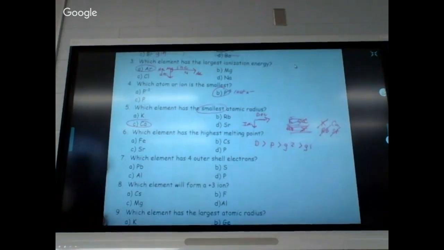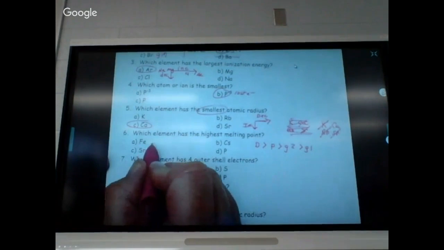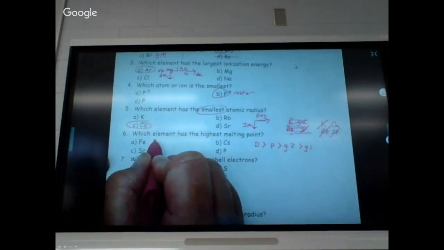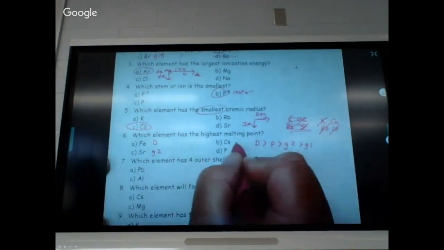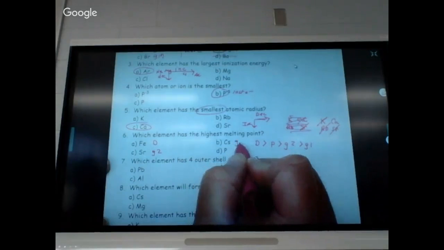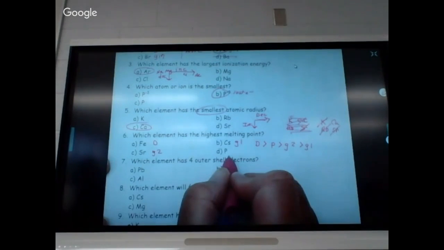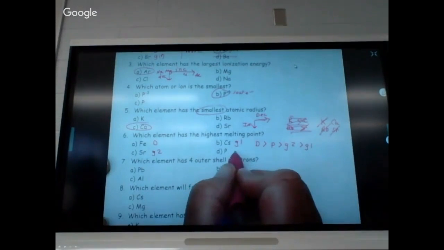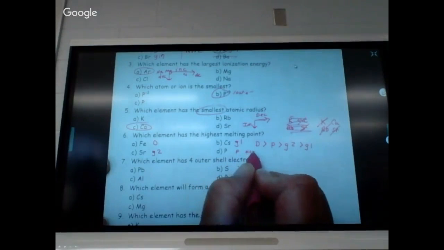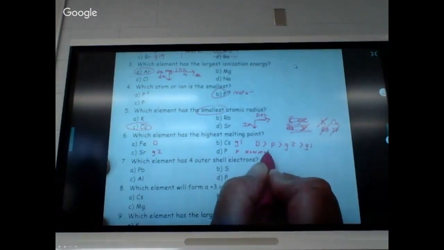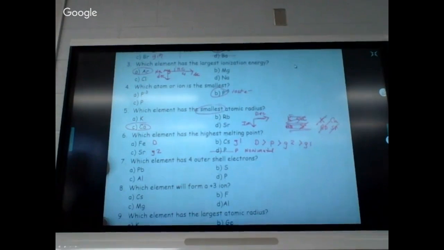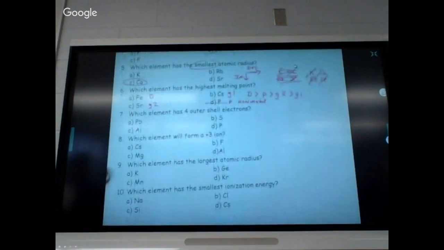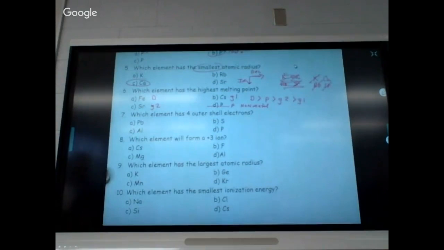Okay, so where's the Fe at? All right, where's Sr? And where's Cs? And phosphorus is? It's in the P block, but it's a non-metal. So if it's a non-metal, should we include it? No, I mean, we shouldn't. Okay? Wait, it says element, so why not?